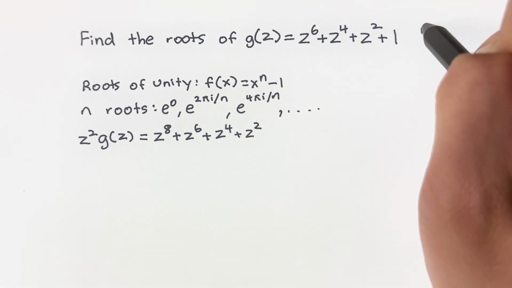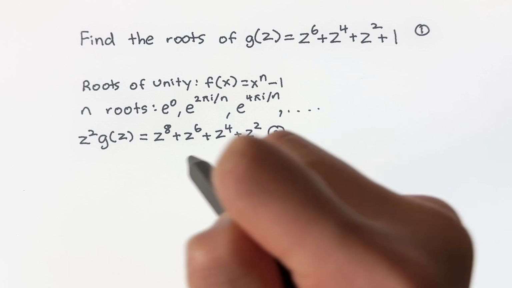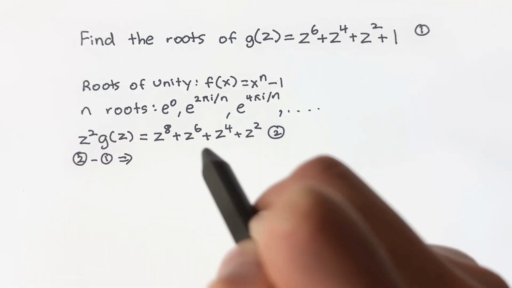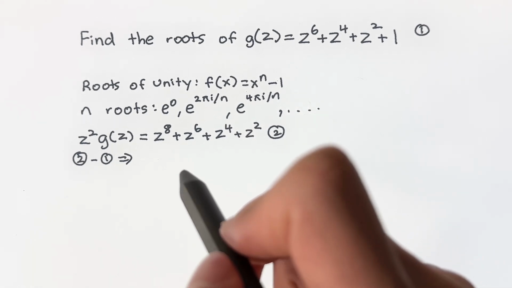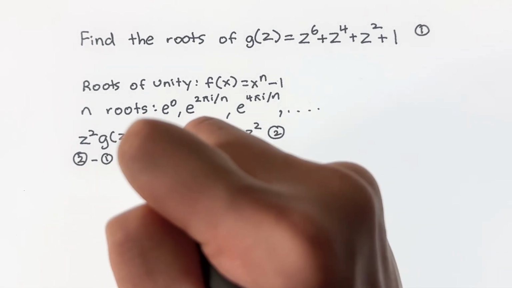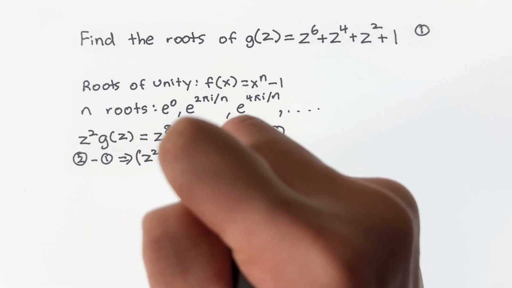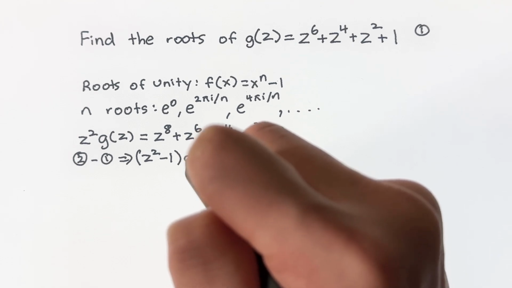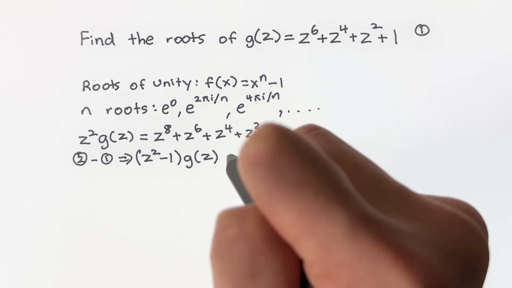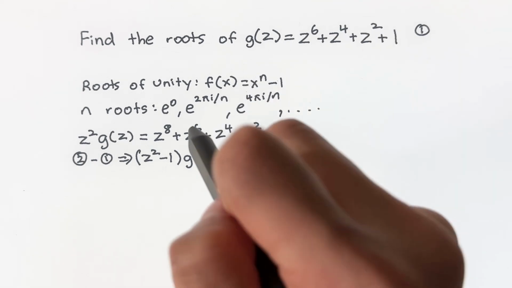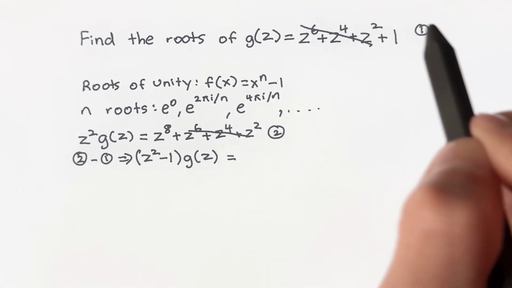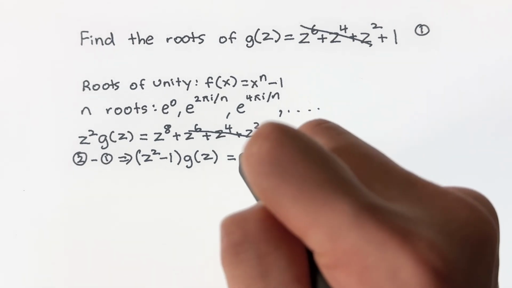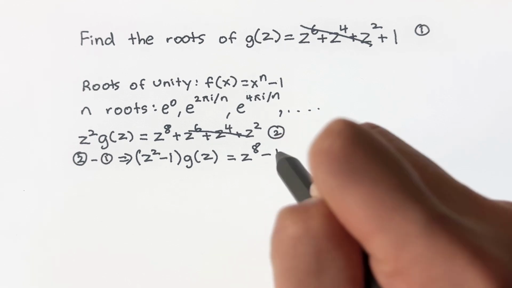If we call this equation 1, and this equation 2, then equation 2 minus equation 1 will give us z squared minus 1 times g of z equals, when you subtract this, notice that z to the power of 6 plus z to the power of 4 plus z squared cancels out, leaving us with z to the power of 8 minus 1.